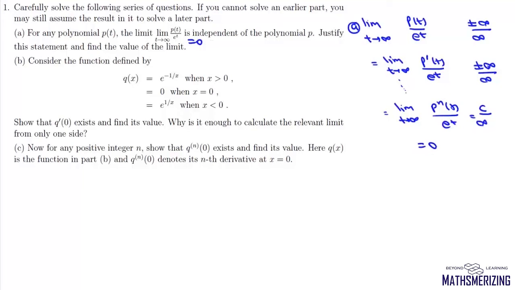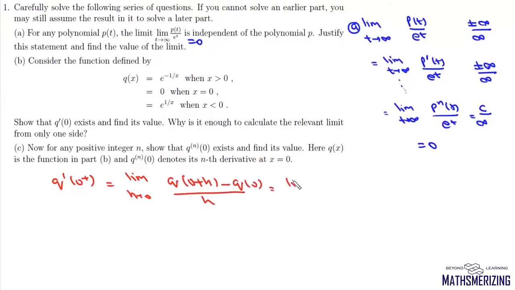Now part B is show that q dash 0 exists and find its value. And why is it enough to calculate the relevant limit from only one side? Now we'll find q dash 0 positive. Now q dash 0 positive will be limit h tends to 0, q(0 plus h) minus q(0) upon h.